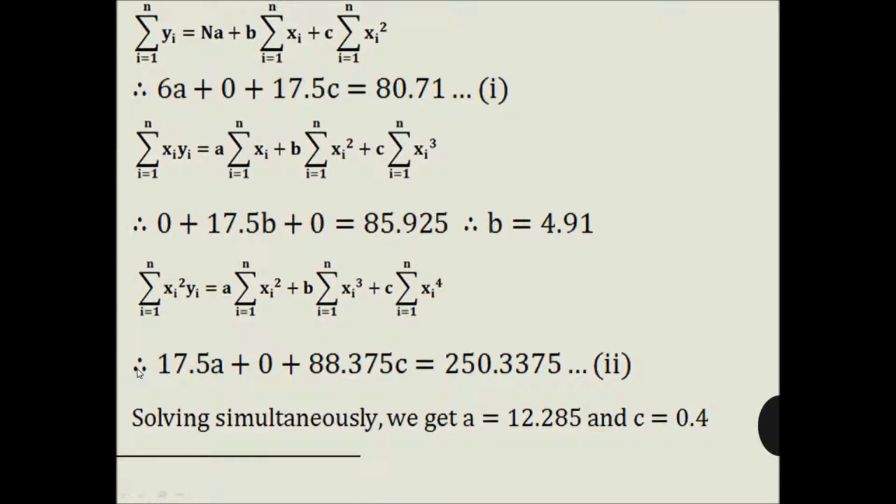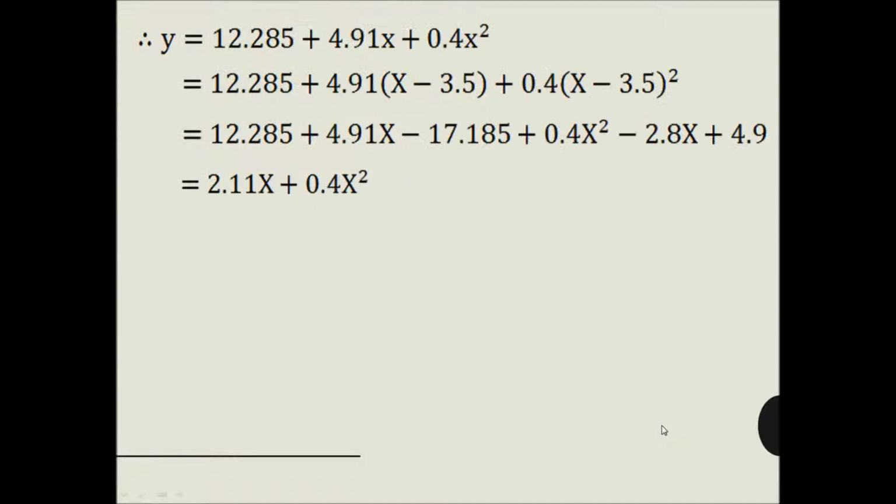Then we will solve them simultaneously to get values of A, B, and C. Here A is equal to 12.285 and C is equal to 0.4. So on substituting these values, we will get y equal to 12.285 plus 4.9x plus 0.4x square.